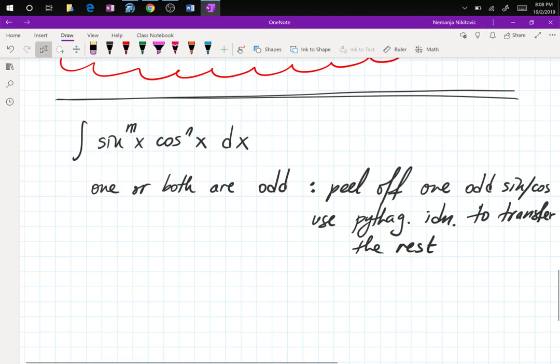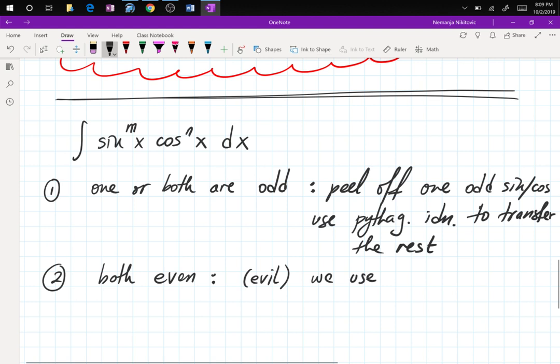So you can have this situation, or you can have both even. That's the evil one, because we use power reducing and it will always be a mess.